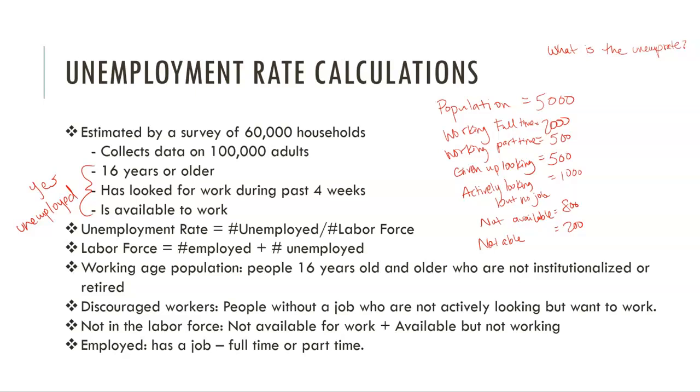So we want to know the number of people who are unemployed divided by the labor force, which is the number of unemployed plus the number of people who are employed. Okay, so we want to pick out a couple numbers here. So we want people who are working full-time and part-time. And we want the people who are actively looking but don't have a job.